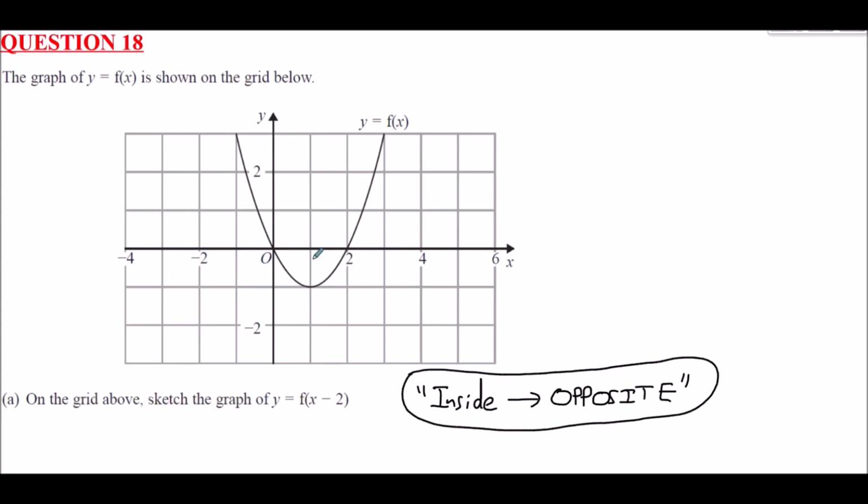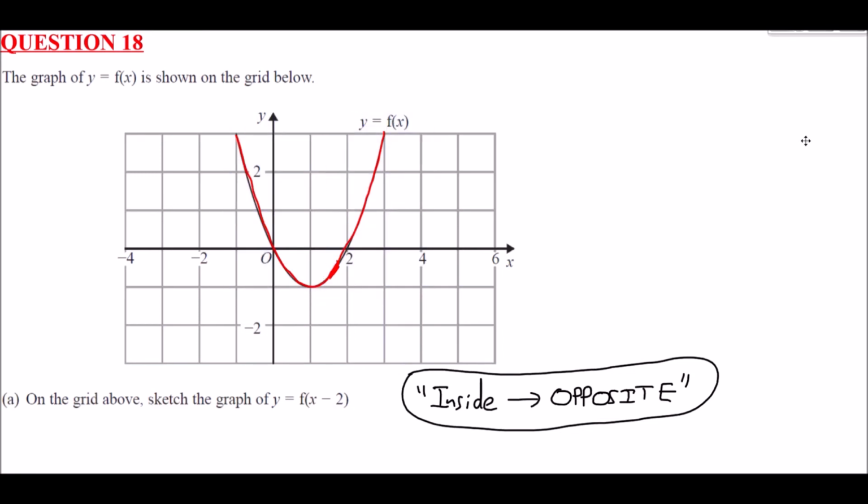So instead of taking 2 off each of these x values, what we actually do is we add 2 onto them. So I'm just going to trace over this as a cheat. I'm not very good at tracing, as you can see. That'll do. So this graph here is just going to move 2, not to the left, not going to minus 2, we're going to add 2 on to these x values.